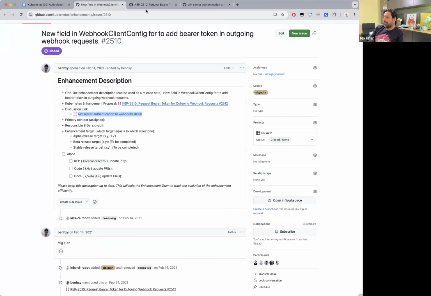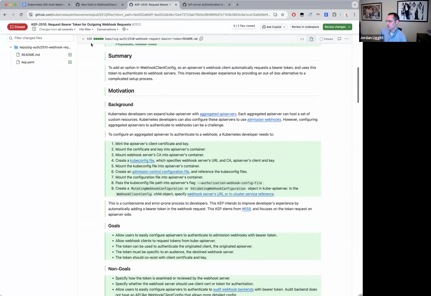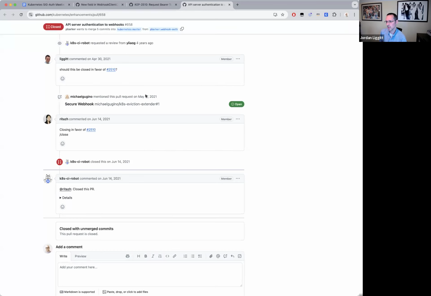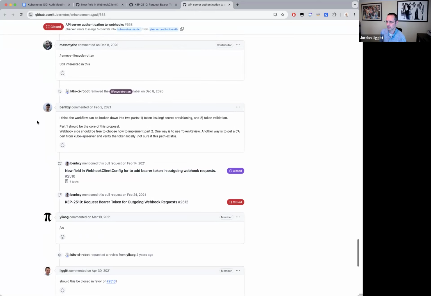Yeah. So grabbing that's a great thread. I think that's probably the most fleshed out proposal. Looks like it was heading in the direction of a Boolean to say provision a service account token of some sort, which could be reasonable.